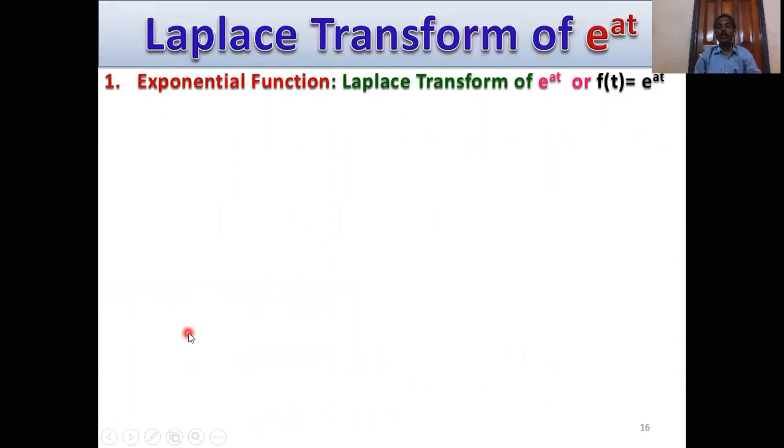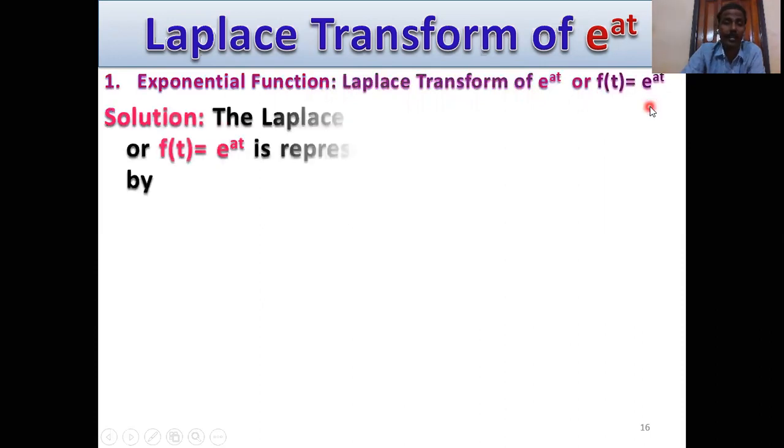Laplace transform of e to the power at. This is an example of the Laplace transform, the proof for e to the power at, which is an exponential function. So, what is the Laplace transform of e to the power at, where f of t equals e to the power at?